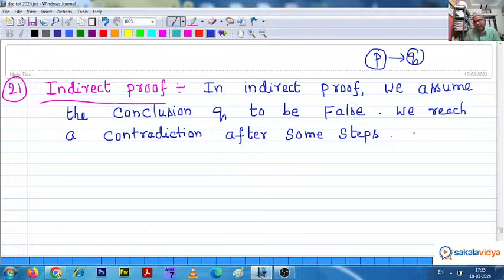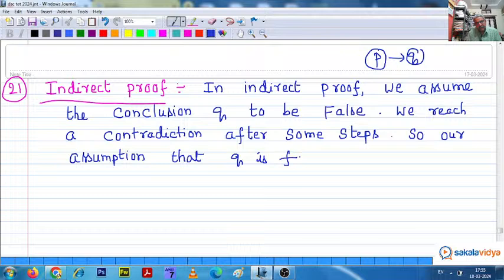Then we can claim that our assumption or supposition that Q is false, is false.